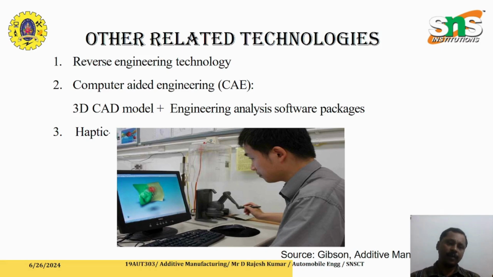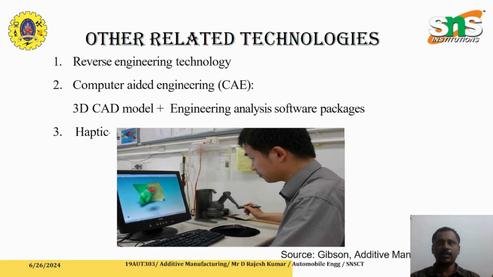Here, we design a product, then virtually perform some analysis, for example thermal analysis, using analysis software such as ANSYS, Nastran, Hypermesh, Abaqus, etc. These software help us to see how suitable the product is for our required application. According to the analysis report, the product is modified as required, and then it is manufactured.